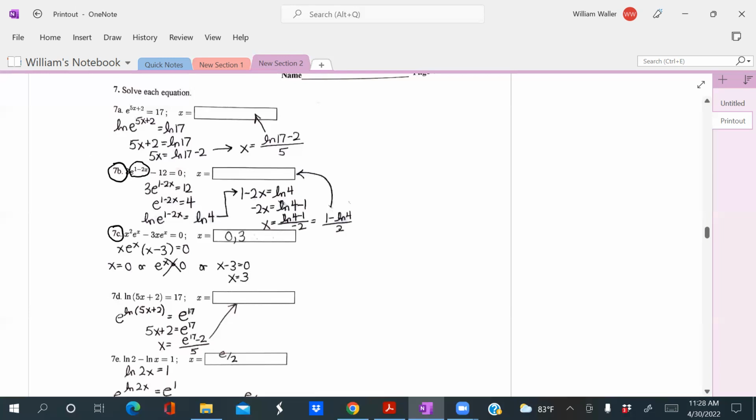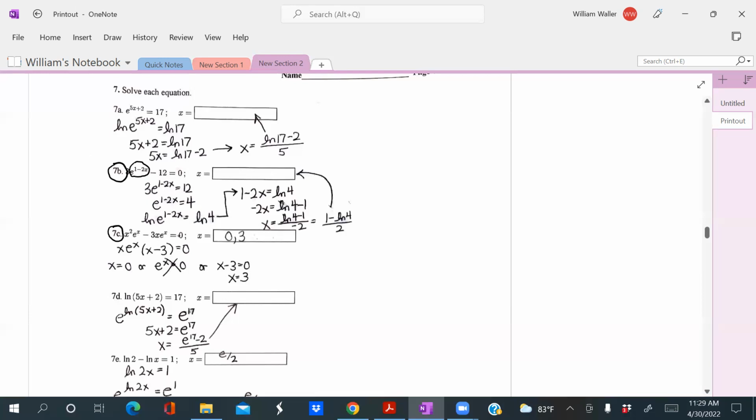If you want a decimal approximation, you can use your calculator to estimate the natural log. But there's the exact answer. So this is really almost the same process as solving trigonometric equations. We're using inverse functions to help us solve this equation.